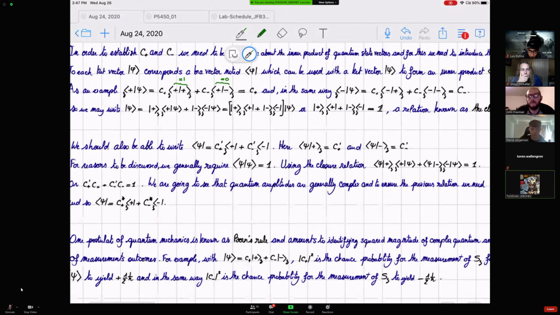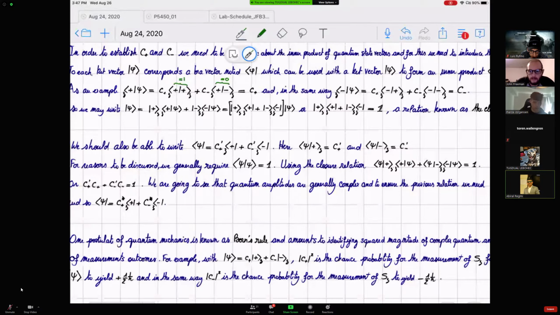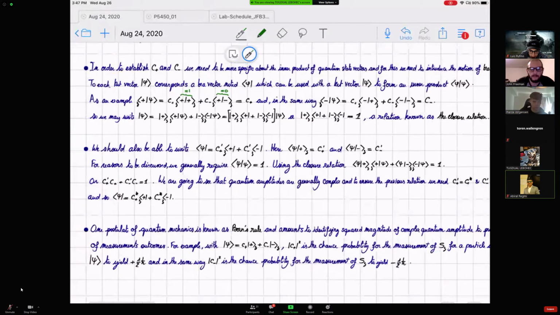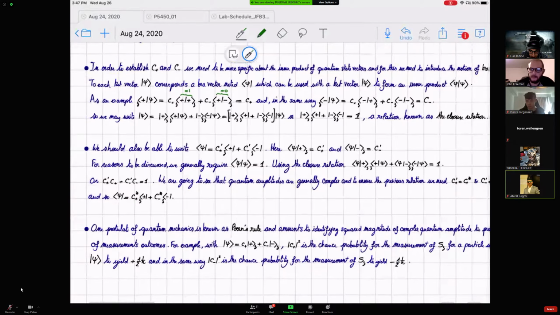It's not 2 psi, it's just 1 psi. So psi is really not changed by the action of this thing. Does that answer your question? I think so, yeah. Okay.